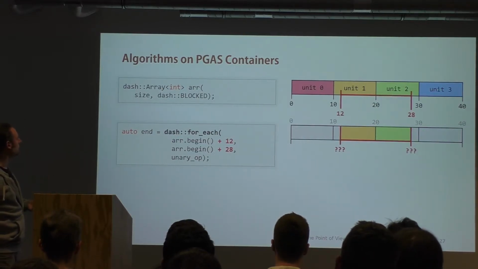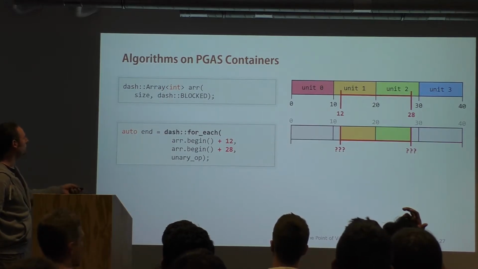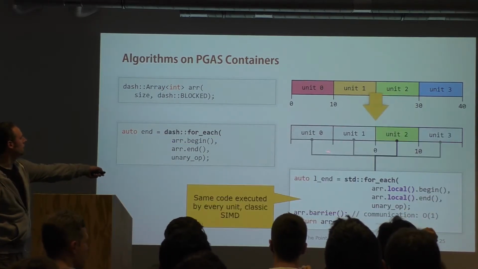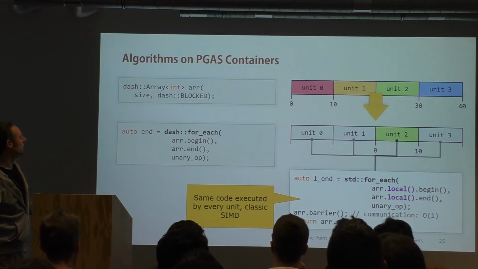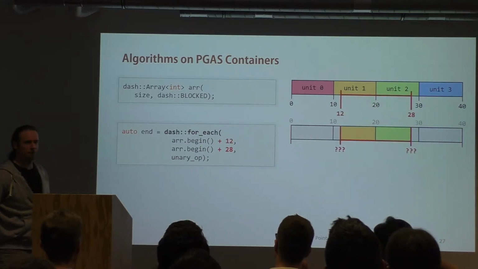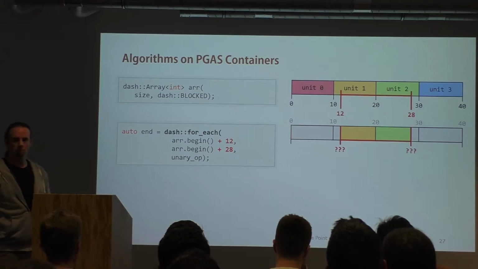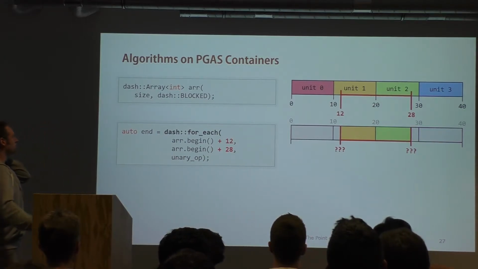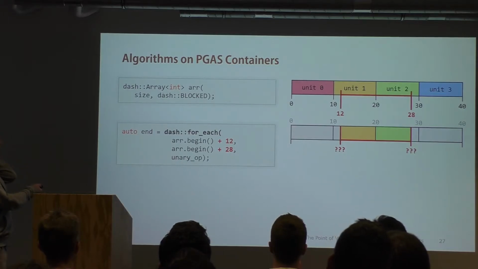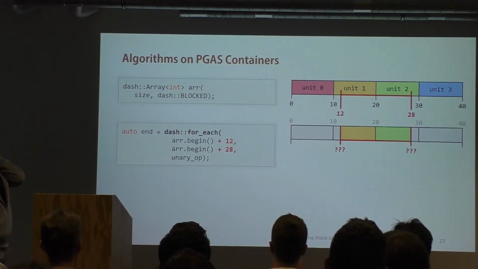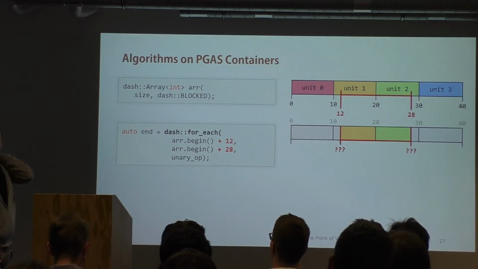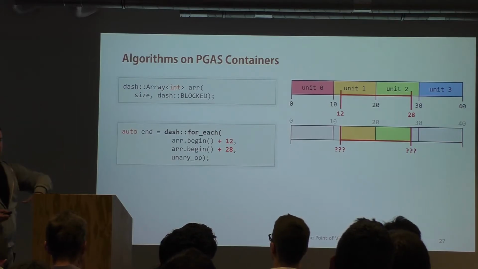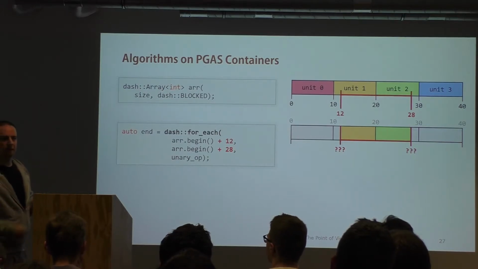Let's make it a bit more complicated. So okay, before we just visited the whole array, right? So we had array begin, array end. What if we just need a subsequence of this array? Already not so much fun. So of course, we have a global iterator. So we also give an index or an offset in the global index space, unsurprisingly. But this translates to a local index space at some point.